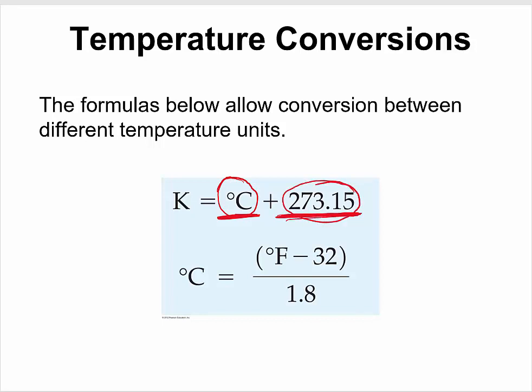We will learn more about the 273.15 number when we get to the chapter on gases. The second formula here is the formula we used to convert from Fahrenheit to Celsius. Remember, we subtracted 32 from the degrees Fahrenheit and we divided by 1.8.